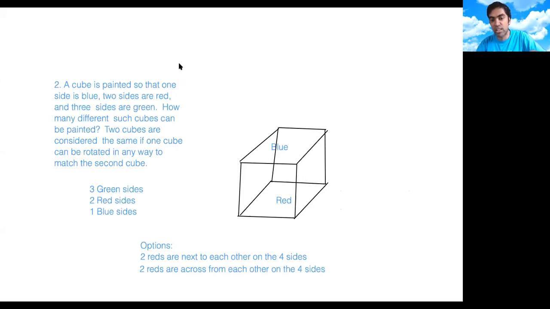I can imagine just rotating the cube in four directions to have the other red be in any of these four places. But I have one red across from the blue and the other on one of the sides.